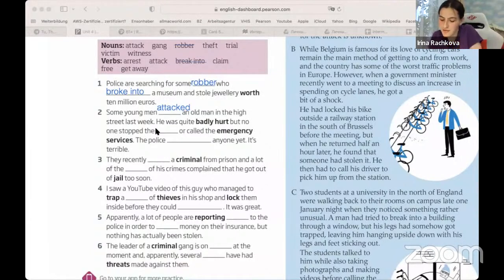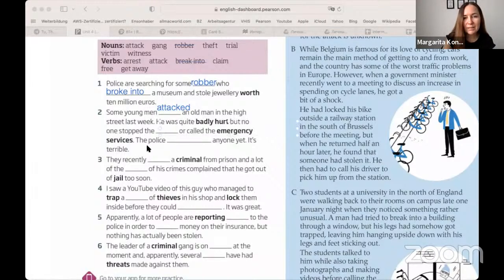But I find another place for this word, and I don't know what... Well, the gang makes sense. Let's leave it. I don't think it is the gang here.